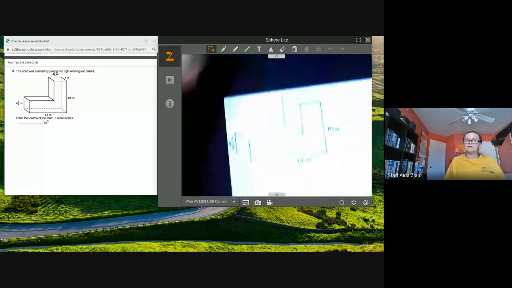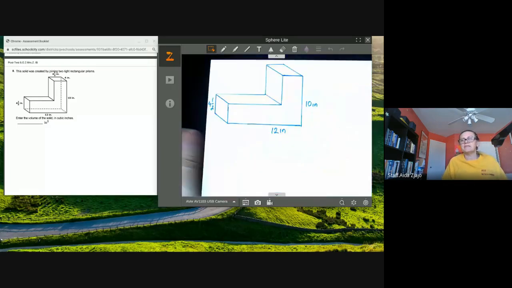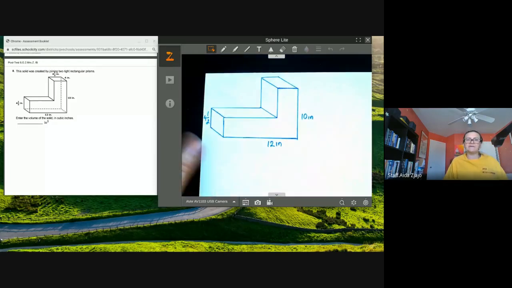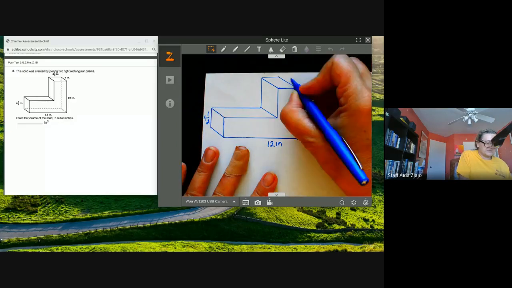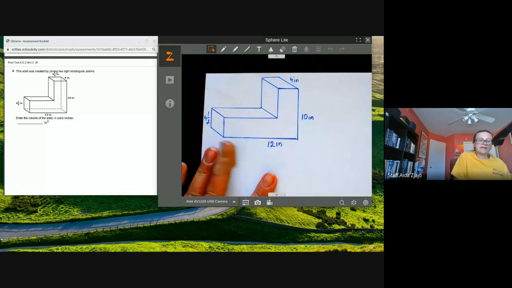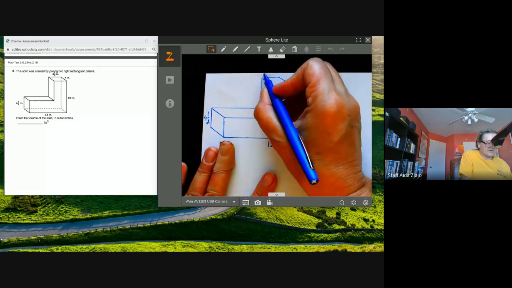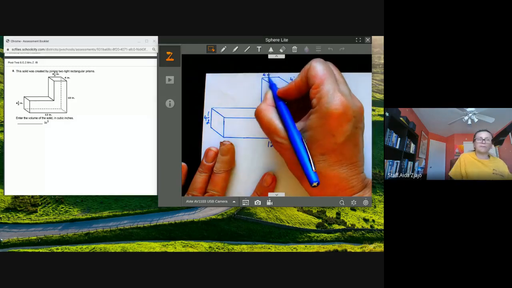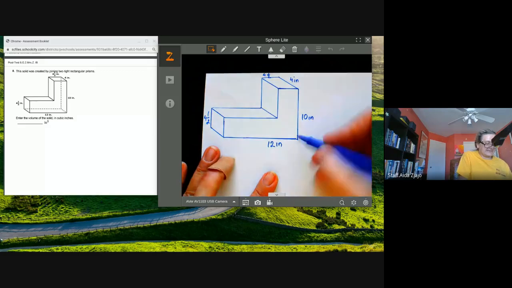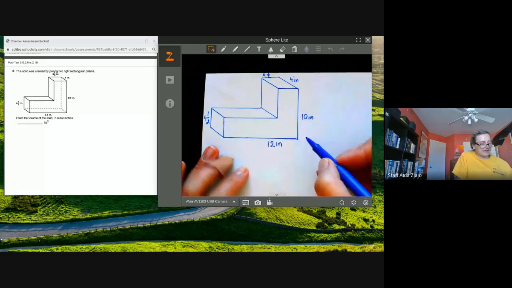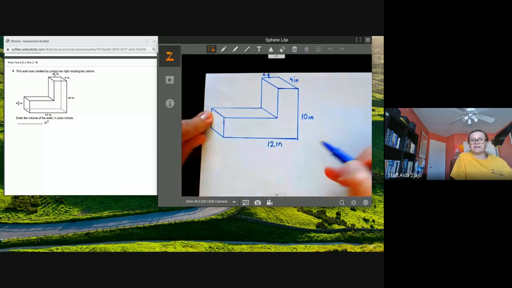Okay, so when we look at the picture, they gave us here 4 inches, and here 4 and 1/2 inches. And then we have the 10 inches, this line, 12 inches, this line, and 4.5 inches, that line.